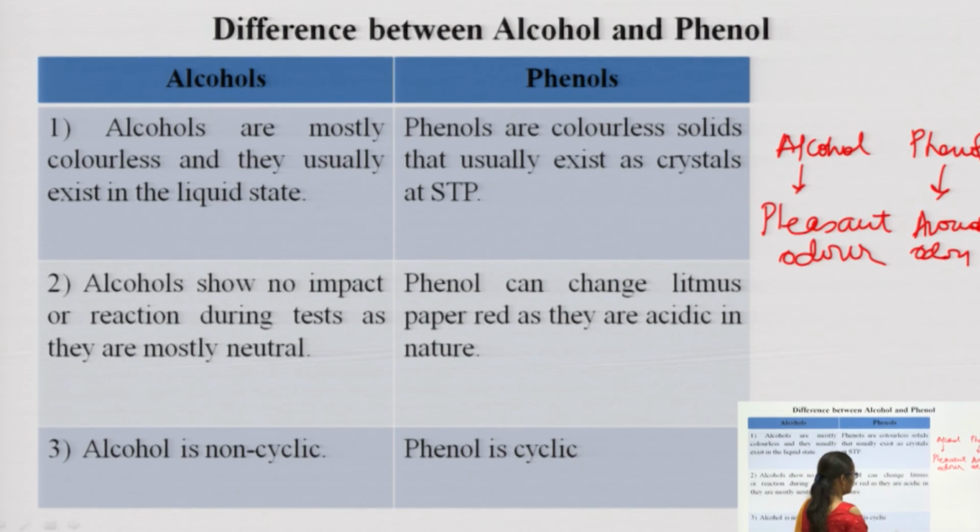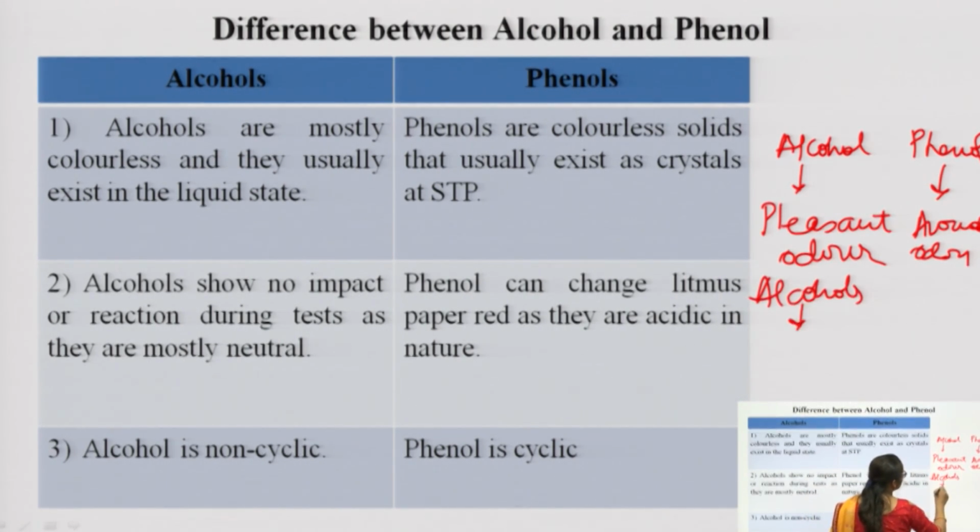The next difference is that alcohols are soluble in water, while phenols are not soluble in water. You can say very sparingly soluble in water. When small quantities of phenols are added to water, they are soluble.